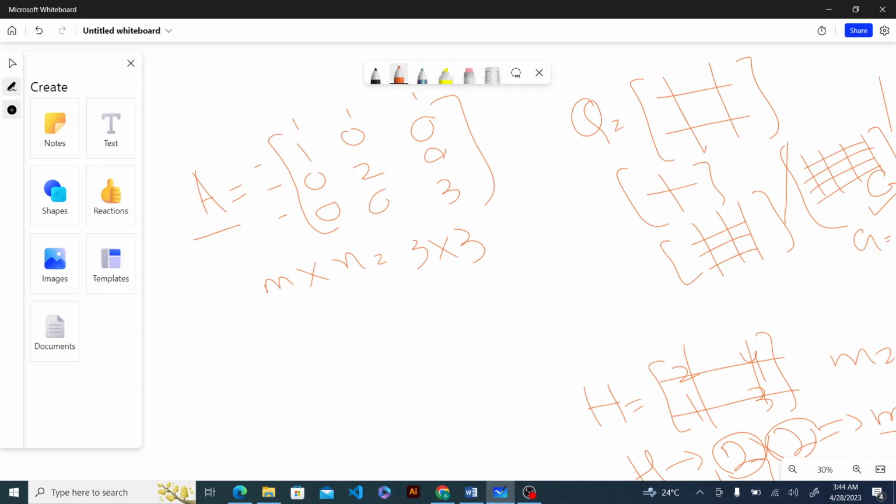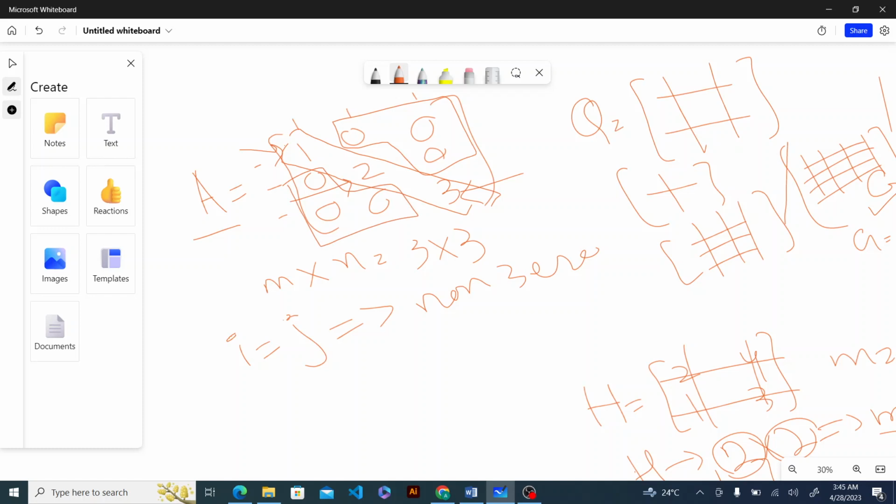The second condition is all the diagonal elements. These are the diagonal. Diagonal elements are those present at i equal to j position. 1 is present at first row and first column. 2 is present at second row, second column. 3 is present at third row and third column. So they are non-zero elements. This condition is also fulfilled. And all the elements other than diagonal elements are 0. So this matrix A is finally called a diagonal matrix.